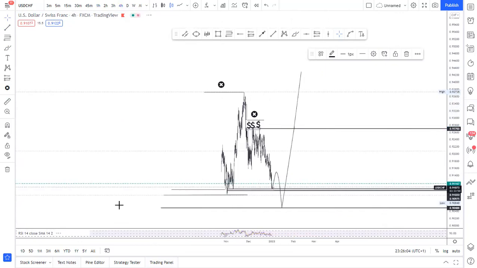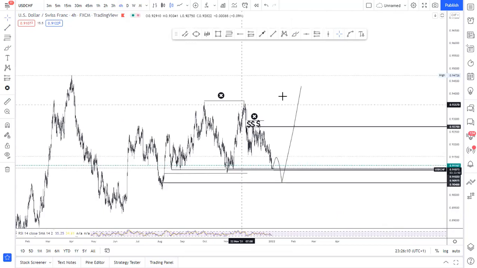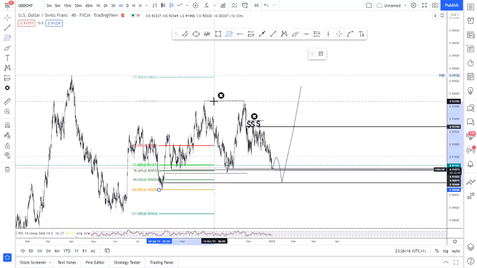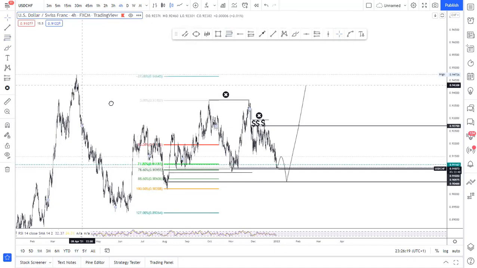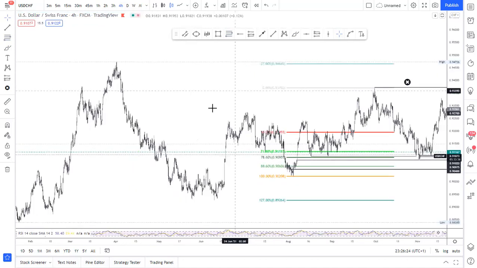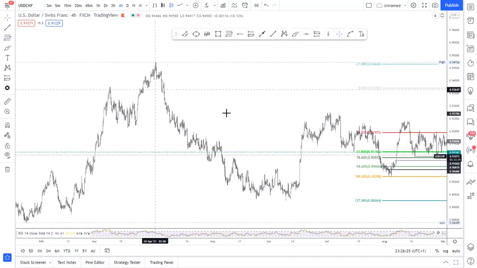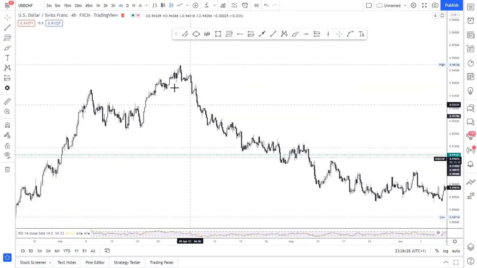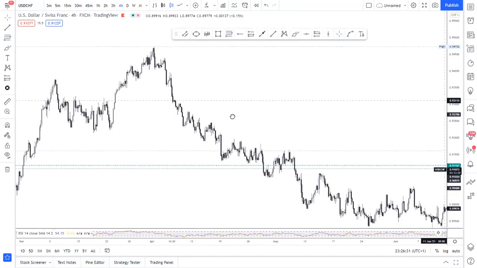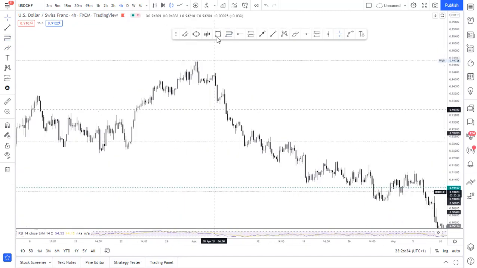Price might do this. Why I'm anticipating price to go higher is if we drop a Fibonacci right here. So we might see price go as high as this point, or as high as this area right here, as high as this IP area right here.